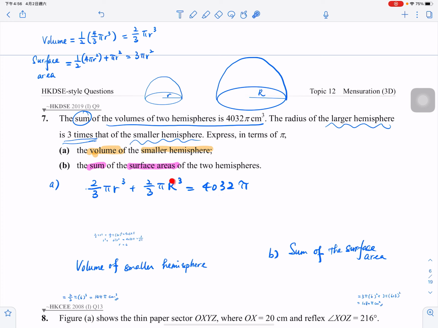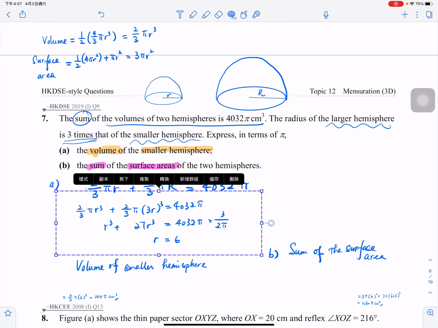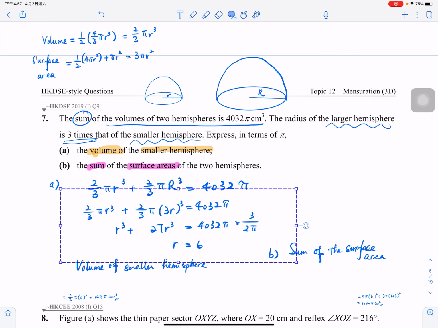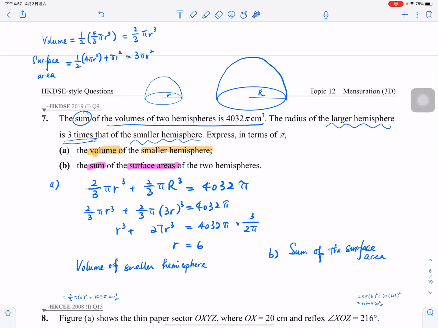Then this R, actually you can write as 3 small r cube, right? So let's see. We need to find it. Then you can know about the radius. So you see, we only have one unknown radius. After we know the radius, we can find the volume, right?